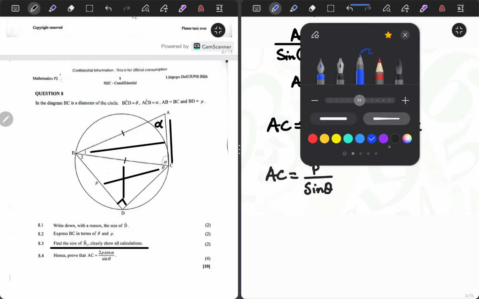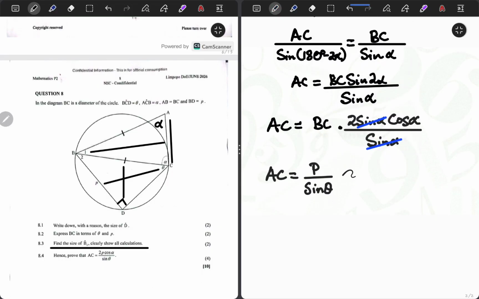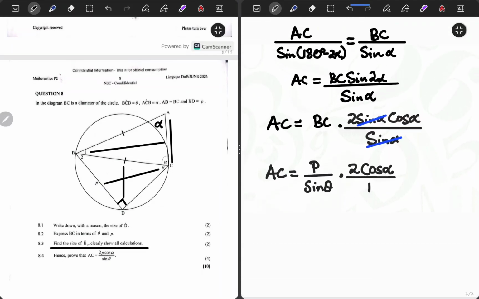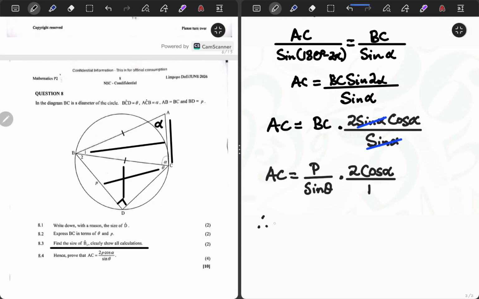What must we have after cancellation? That will be 2 cos alpha all over 1. And finally, as we conclude this one, AC will be equal to 2P cos alpha over sine theta. And that is that.